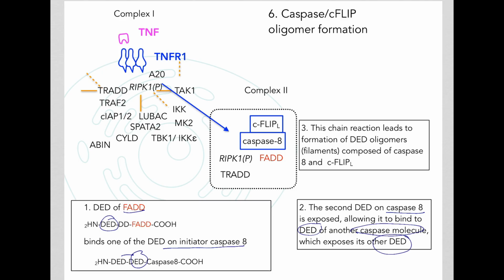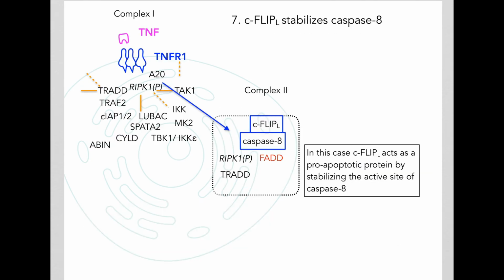And this chain reaction will then lead to the formation of DD oligomers or filaments composed of caspase 8 as well as the protein CFLIP. Now, in this case, CFLIP-L, the long isoform, acts as a pro-apoptotic protein. We'll see that CFLIP can act as either pro-apoptotic or anti-apoptotic. In this case, it acts as a pro-apoptotic protein because it stabilizes the active site of caspase 8.